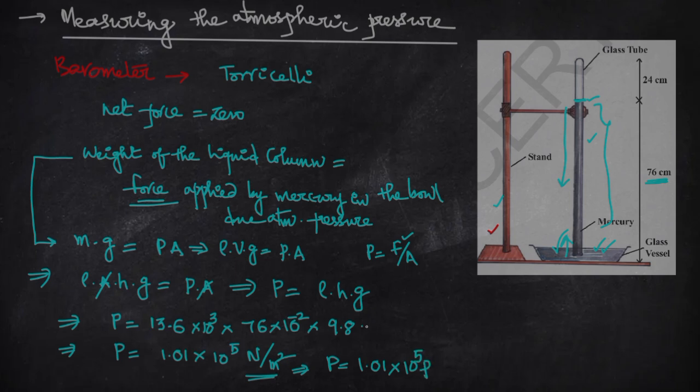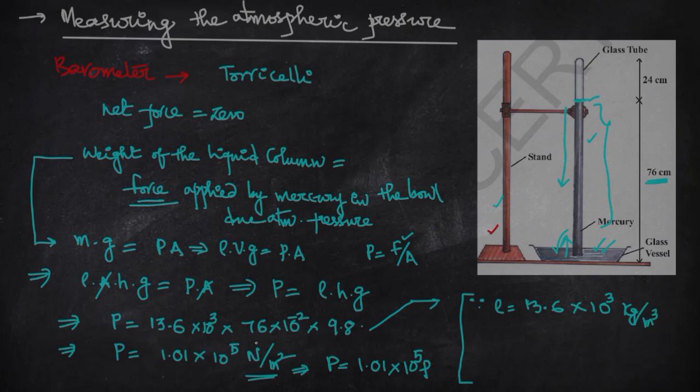Here, this is because the density of mercury is 13.6 gram per cc. This can be converted to kg per cubic meter as 13.6 × 10^3 kg per cubic meter.